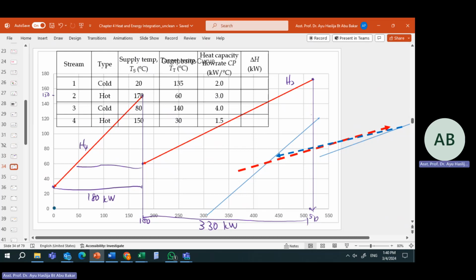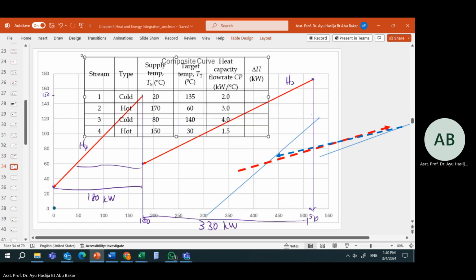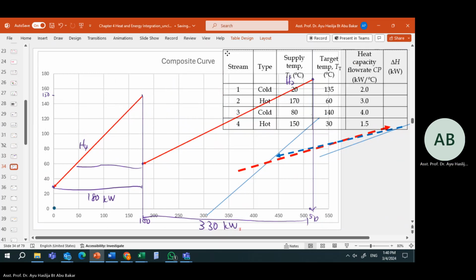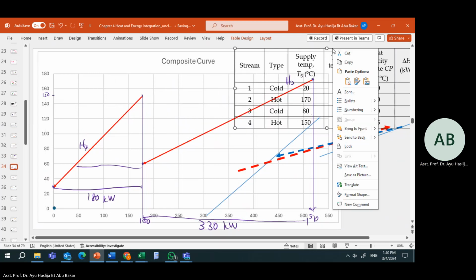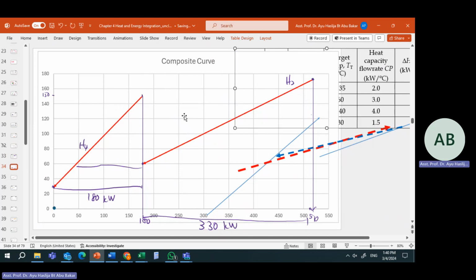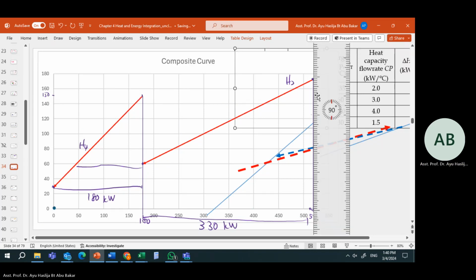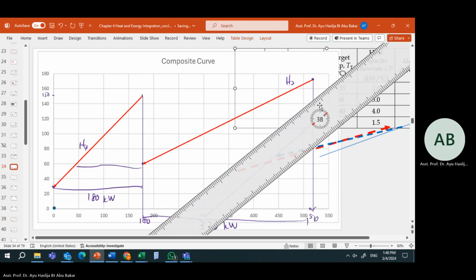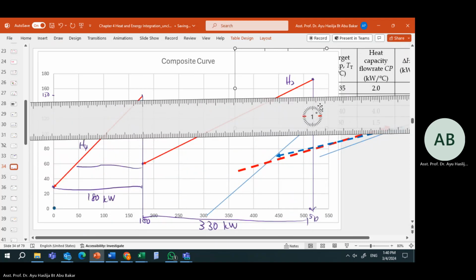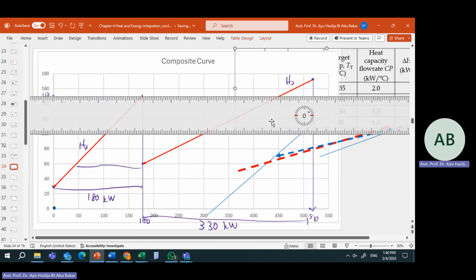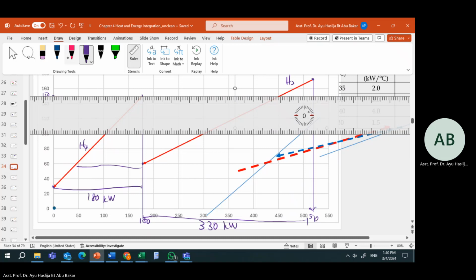Now combine them. Combine them. Okay, combine them. We check on the overlap area. Where is the overlap area? Now overlap area.